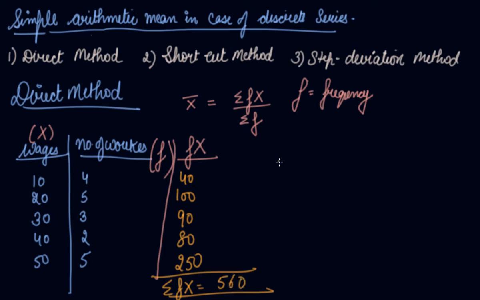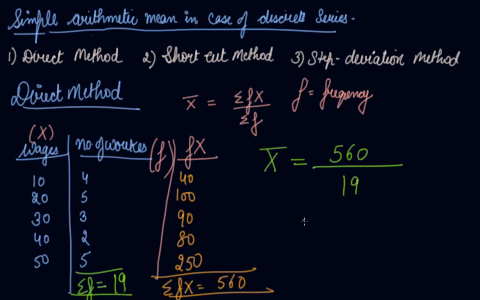Now simply by putting this into the formula, x bar is equal to summation fx, which is 560, divided by summation f, which is 19 because there are 19 workers. That is equal to rupees 29.47.